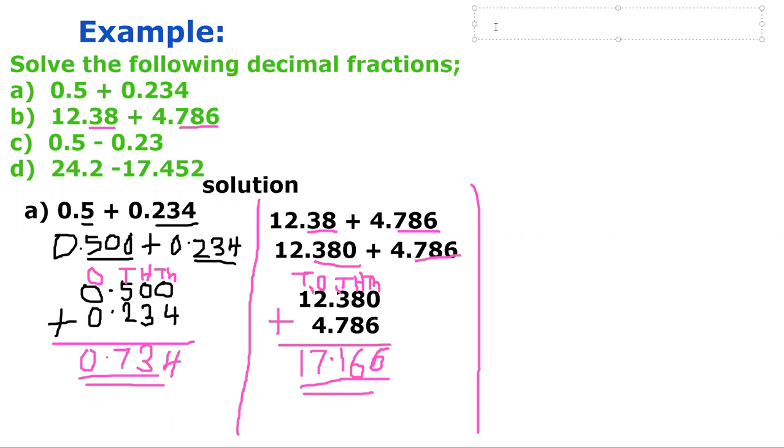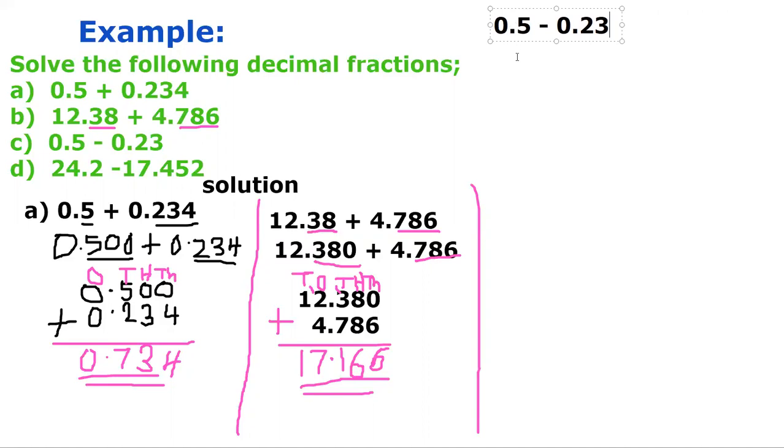The C, we have 0.5 minus 0.23. This is under subtraction, the same method as addition, but now in subtraction form. The only thing is that you first balance the decimal numbers.